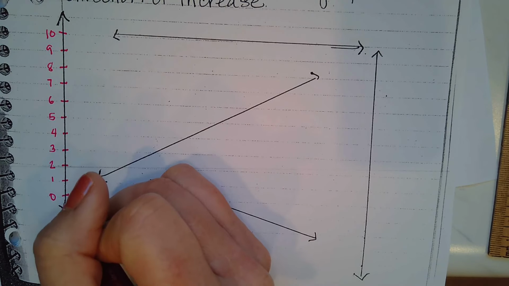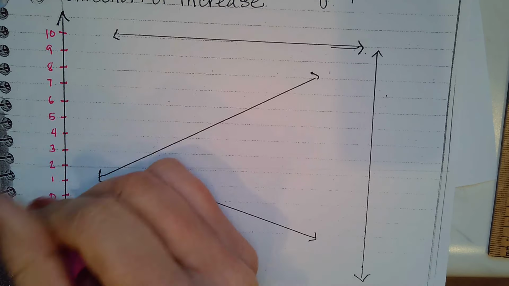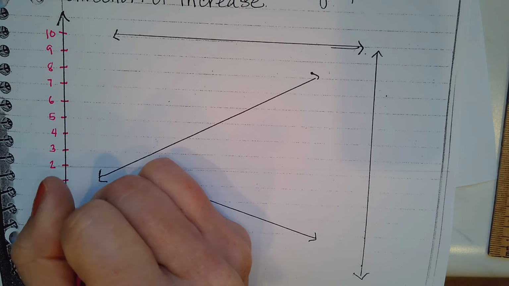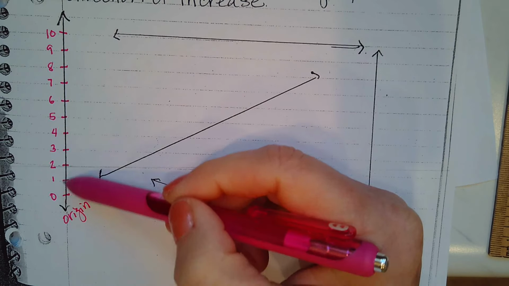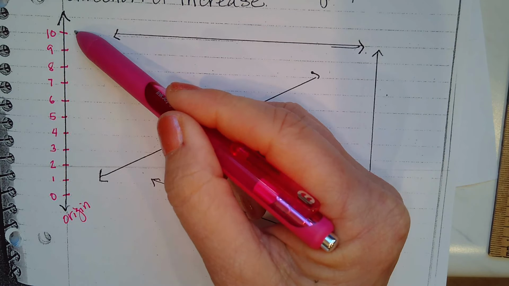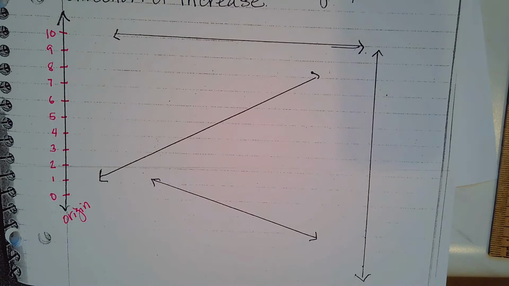So here 0 is the origin. This is where the line originates. So it's the origin and it increases by ones. So you're following along with me.